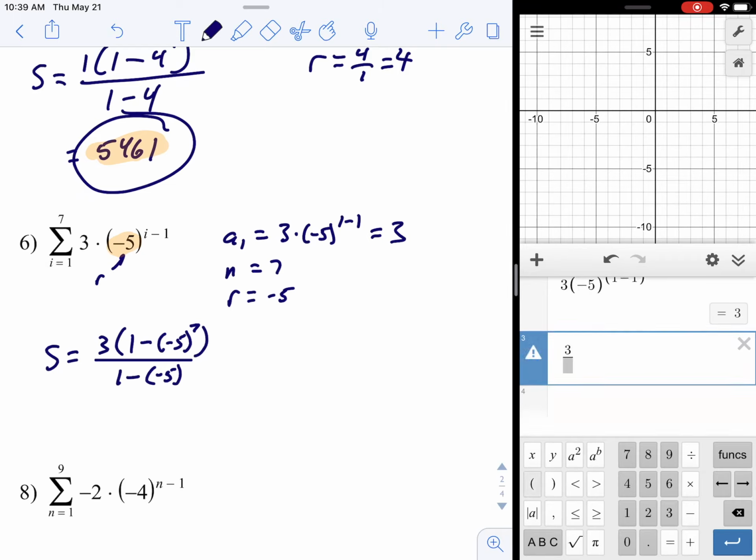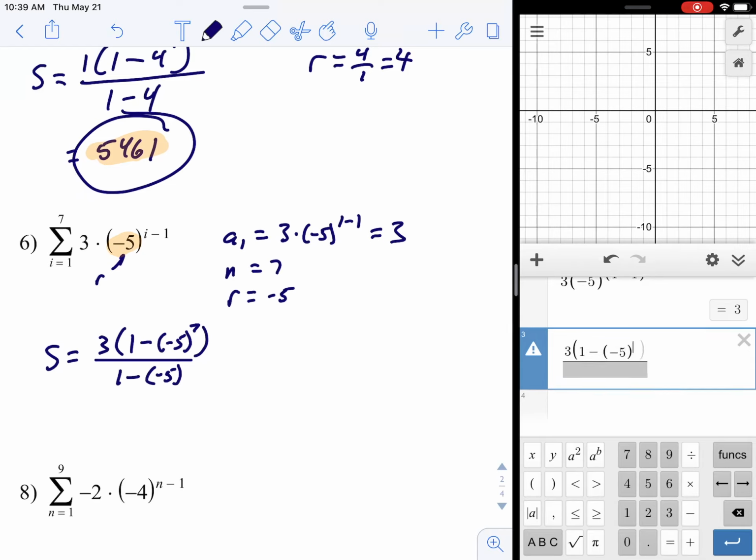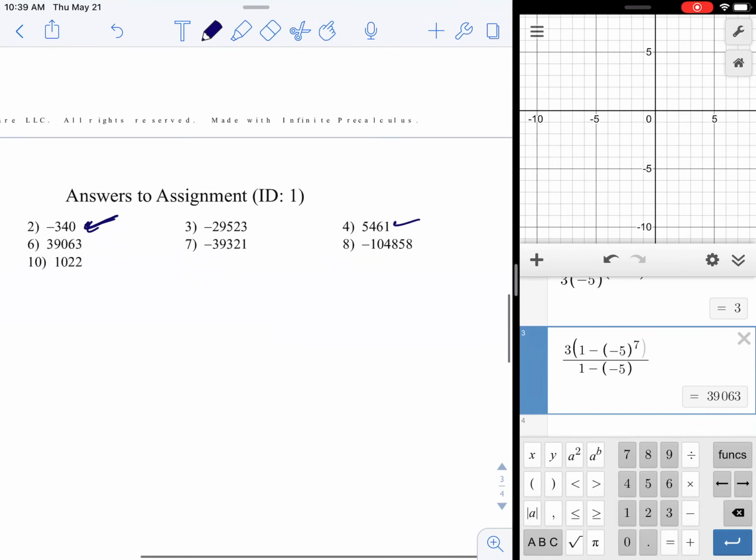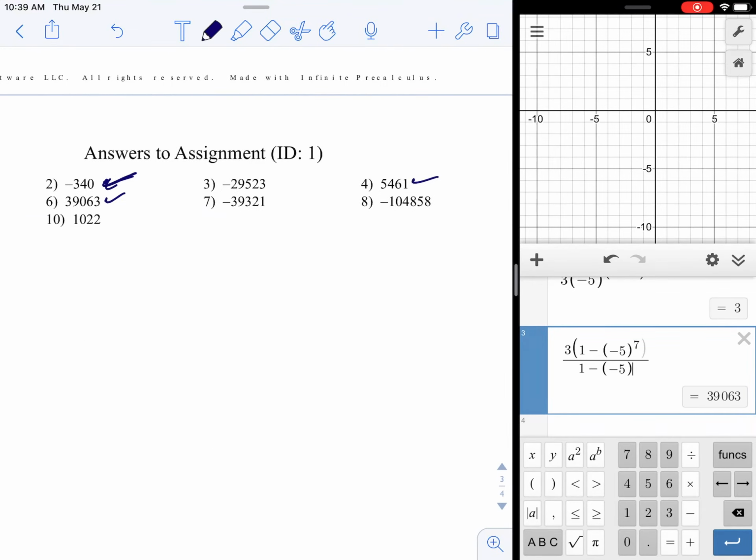So 3 parenthesis 1 minus parenthesis -5 parenthesis raised to the 7th power, and then down below 1 minus -5. Ooh, that's a big number, 39,063. When I get big numbers like that, I get a little cautious. Did I do it wrong? Nope, that's it.